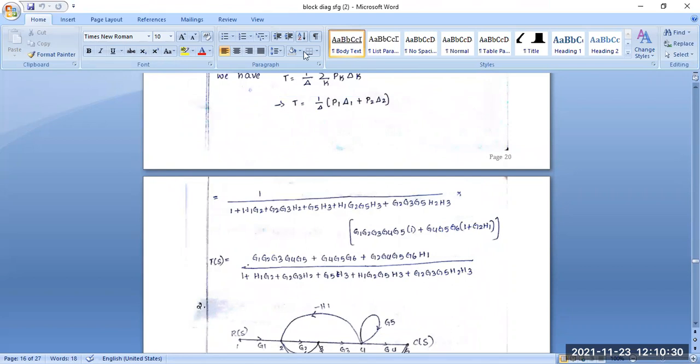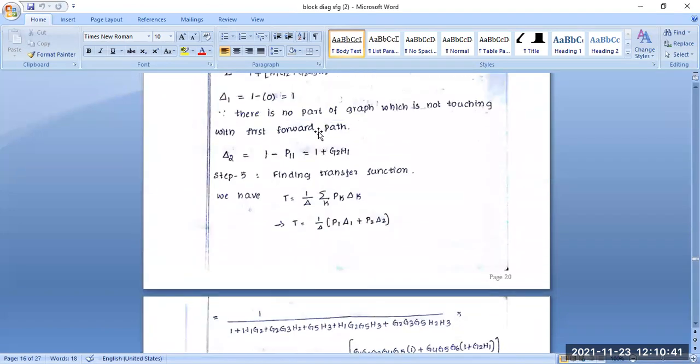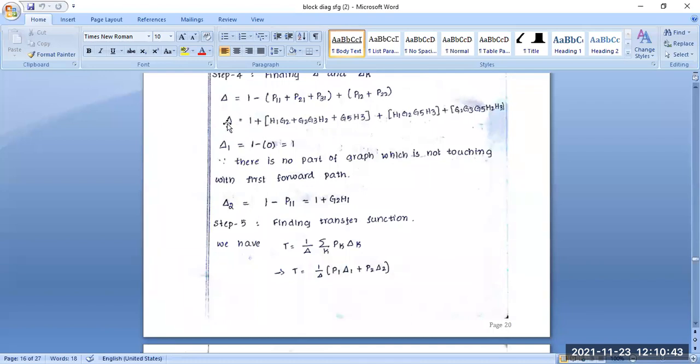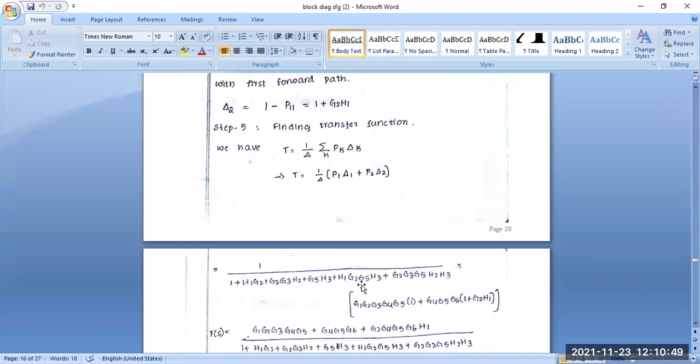Because here you can see this is 1 by delta. Okay, this is P1 del 1 plus P2 del 2 by delta. So this delta is basically the loop gain, and this is the value of delta. We have to calculate it from here. This delta value we have to put from the lower part, and P1 del 1 plus P2 del 2.